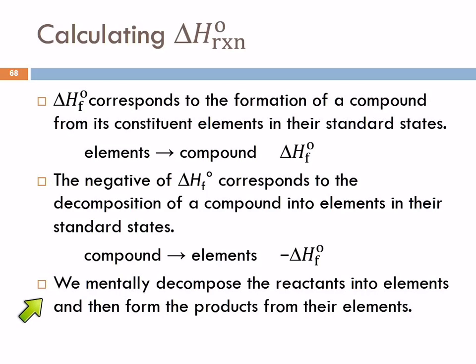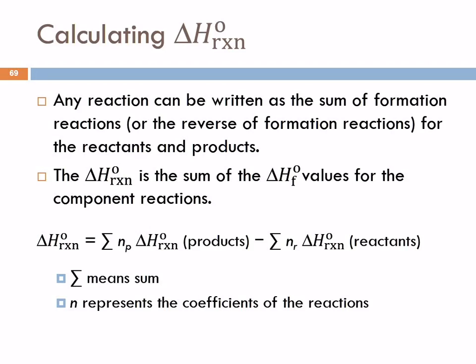So what we're doing here is, in our minds, not actually, we're decomposing the reactants into elements and then forming the products from their elements to find the actual heat of reaction for something that has compounds as reactants and products. So as we looked at with Hess's law, any reaction can be written as the sum of other reactions, right? And so what we're doing here is we're looking at this compound as a reactant, and we're saying, well, we could make that from its elements, and we know the enthalpy change for that.